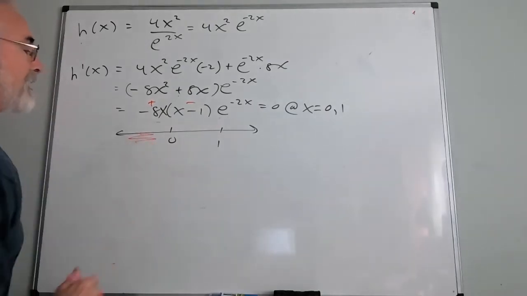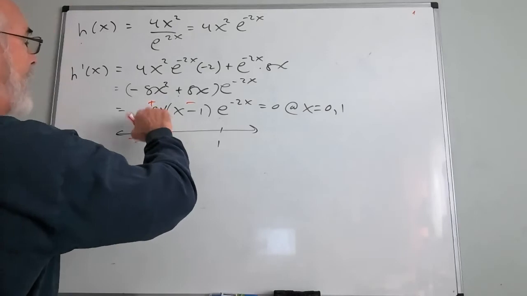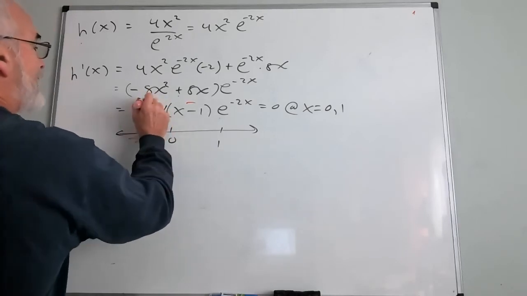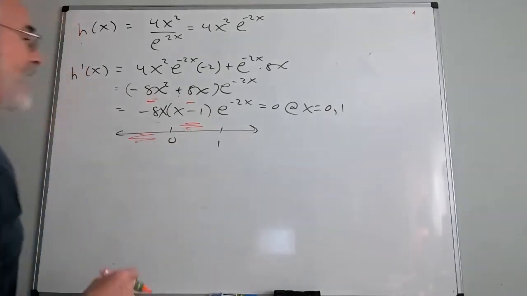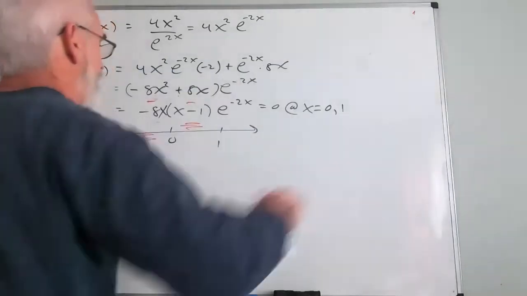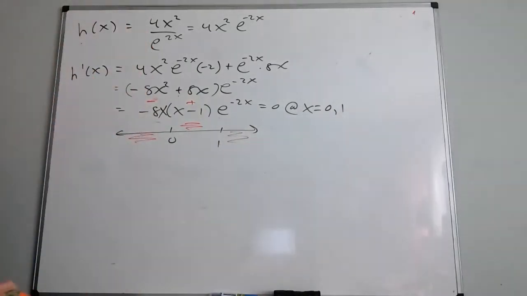If I'm between 0 and 1, like a half, that's going to be negative, and that's still negative. Now, if I pick a number astronomically large, that's going to be negative, that's going to be positive. There we go. I alternated.